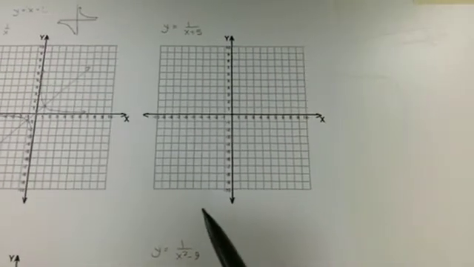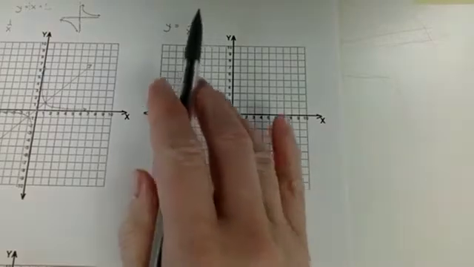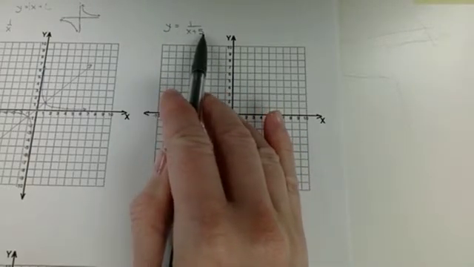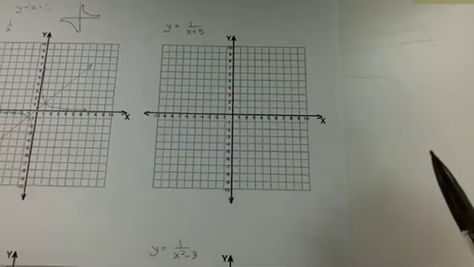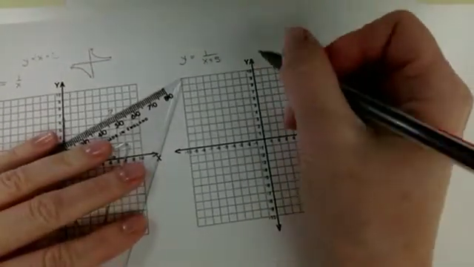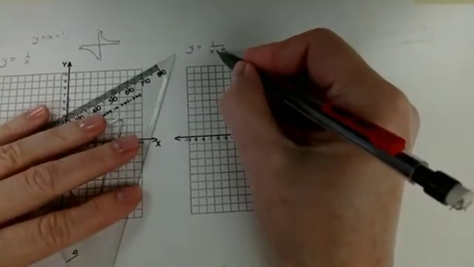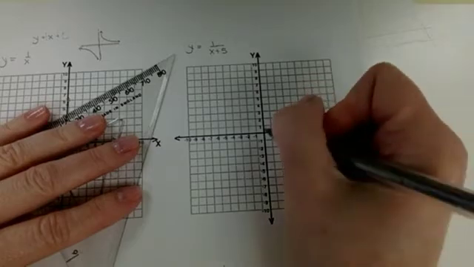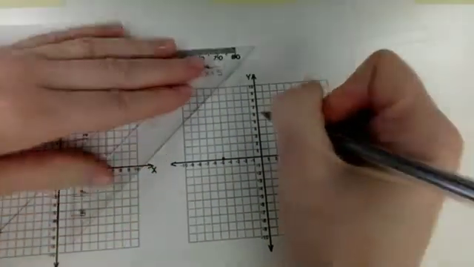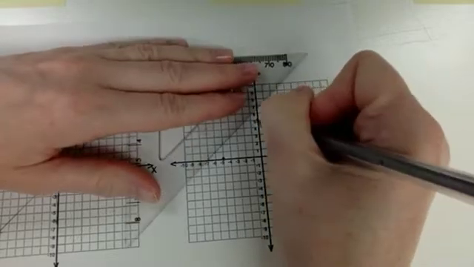Okay, you pause the video, try this one, realizing this is your straight line moved to the left 5. And here we go. So I'm going to take this graph, my straight line moved left 5, or moved up 5.